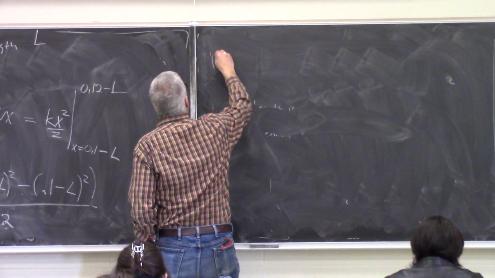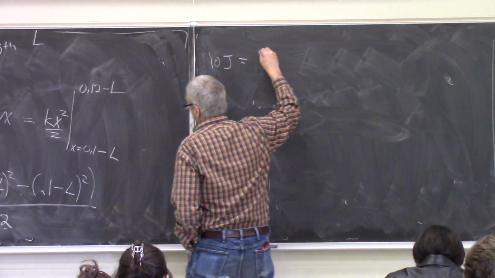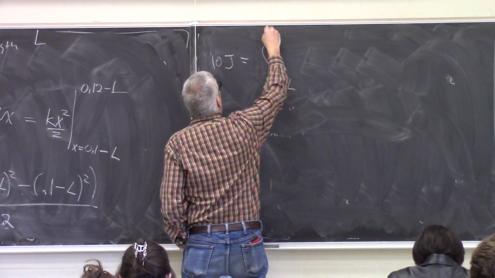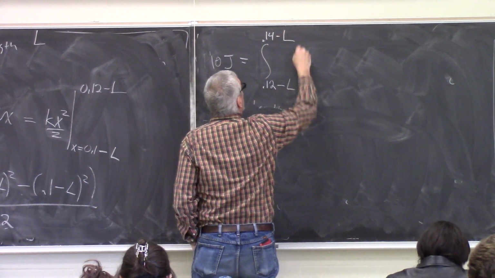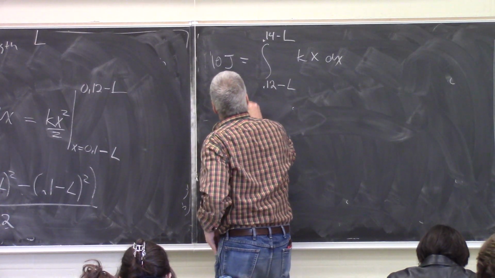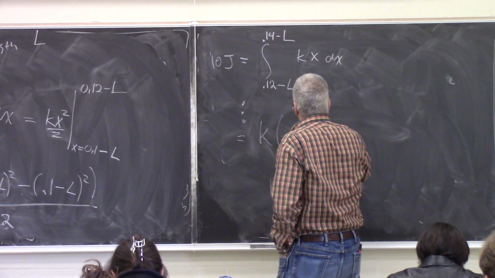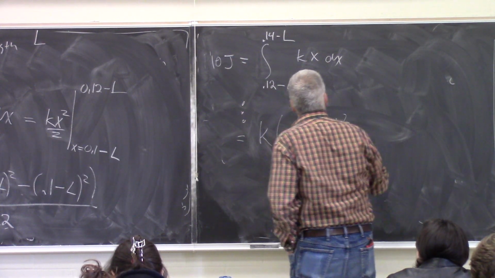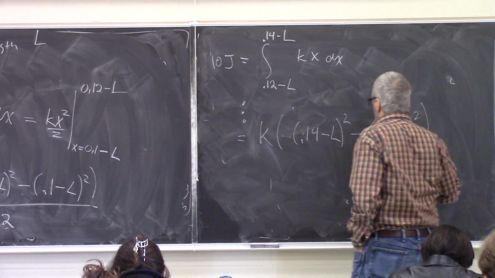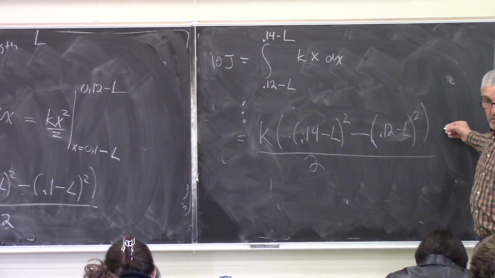We know that 10 joules is how much work it takes to go from 0.12 minus L to 0.14 minus L of kx. So when I do this, I get k times 0.14 minus L squared minus the quantity 0.12 minus L squared, all over 2. Notice, this is another equation involving the same two unknowns, K and L.